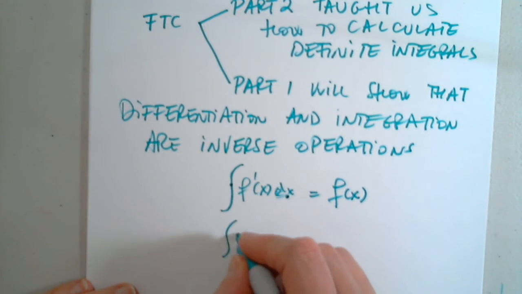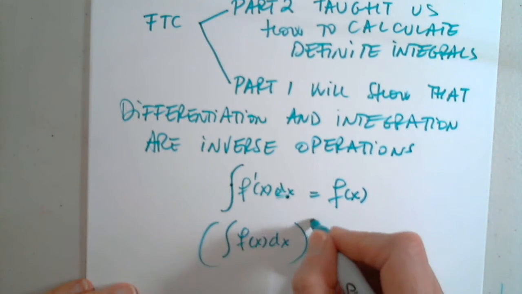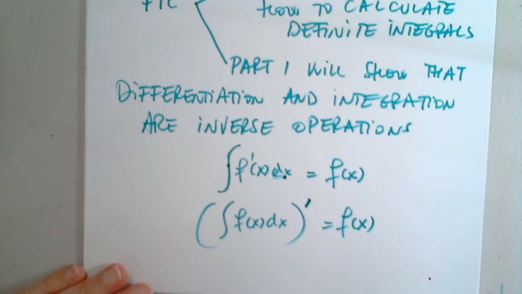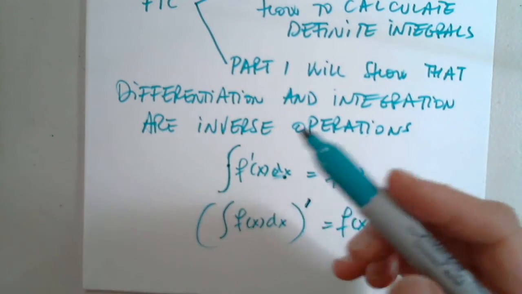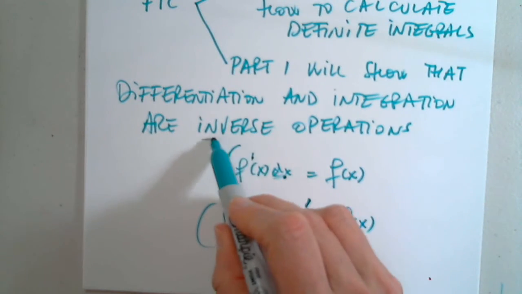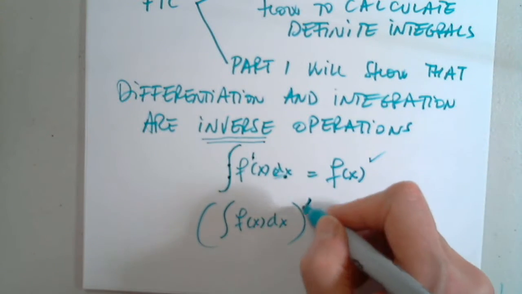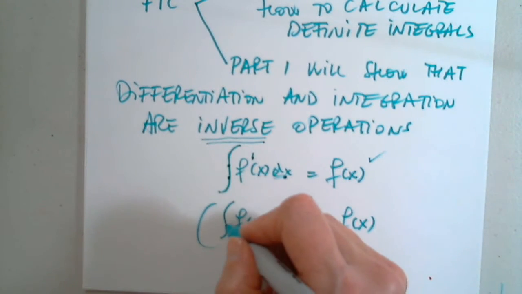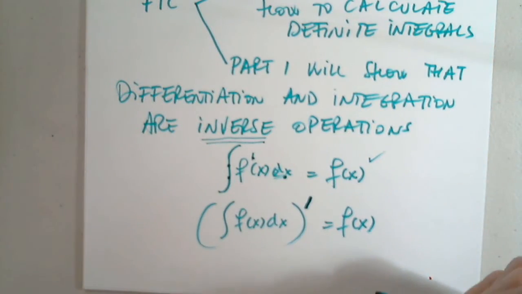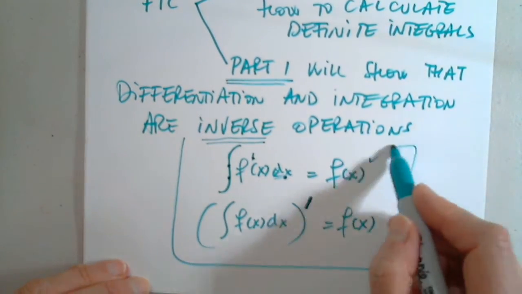When I integrate a function and then differentiate, I get the function. This operation and this operation cancel each other because they are inverses of each other, and I get the function. When I differentiate an integral, I get the function. When I integrate a derivative, I get the function. So part 1 will show this.